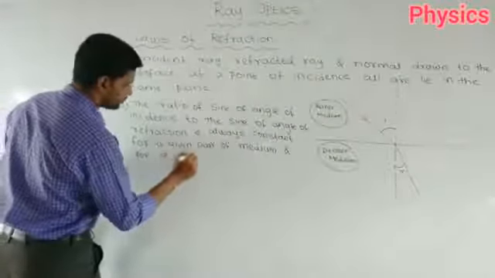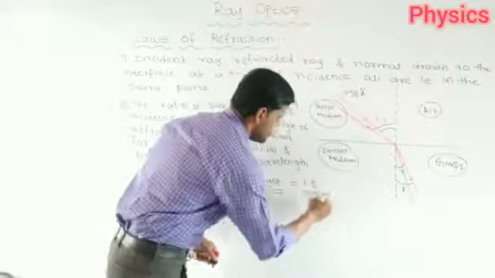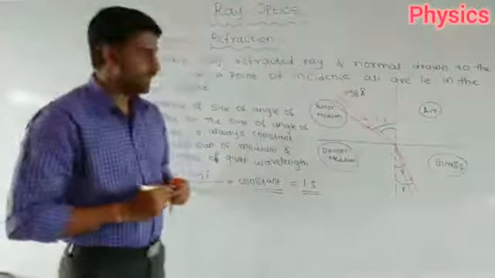Then in this case, if I again take the ratio sin i by sin r, I will again get the constant value only. Suppose I take air and glass media, then I will get a constant value, that is 1.5. Suppose you change the angle of incidence again, then you will get another angle of refraction, not the same as the angle of incidence. If you again divide sine of the angle of incidence by sine of the angle of refraction, you will again get 1.5 only.